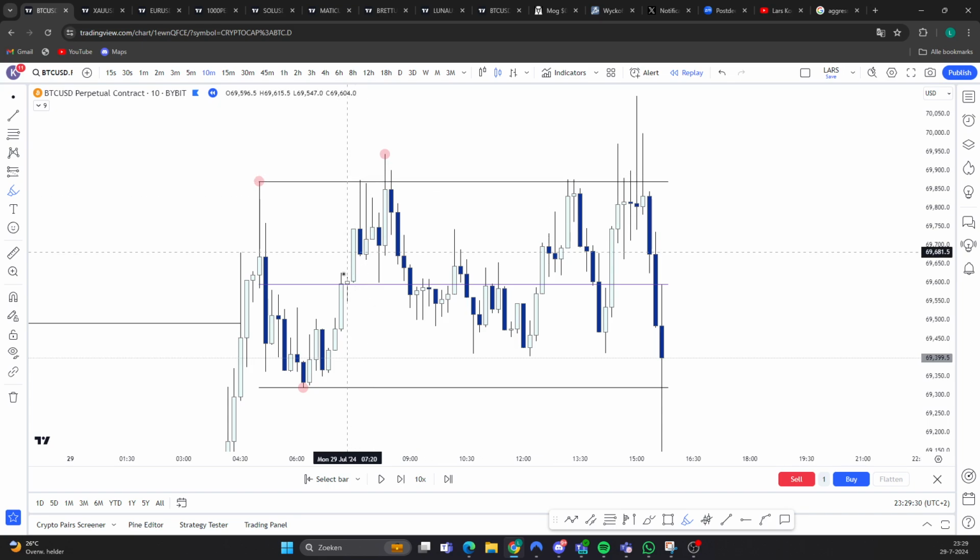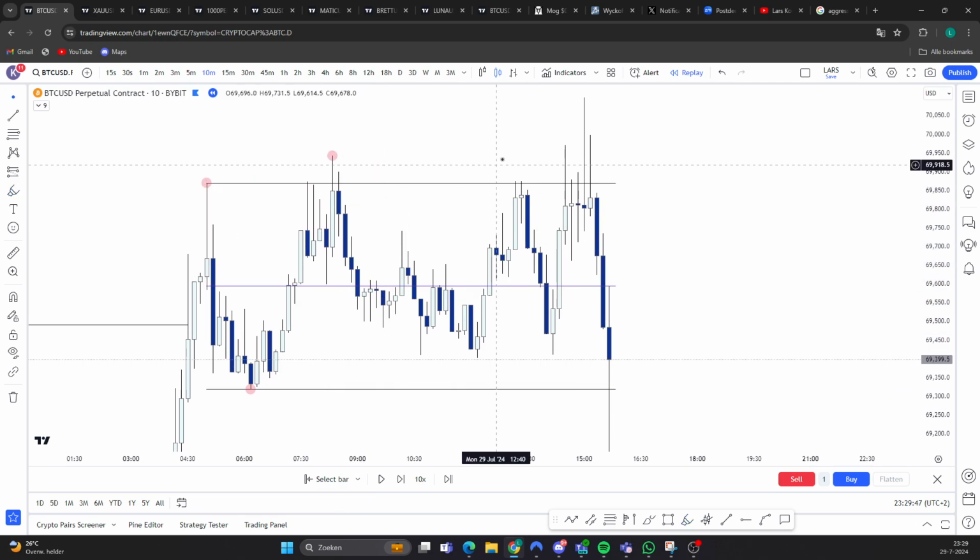This is just a random wick. You don't have a proper retracement from it. I see this as one move up. So even though you had a tiny wick here, that doesn't count. It's just one clear move up on the 10-minute time frame deviating it. So that's why I just take this highest point and not that one.